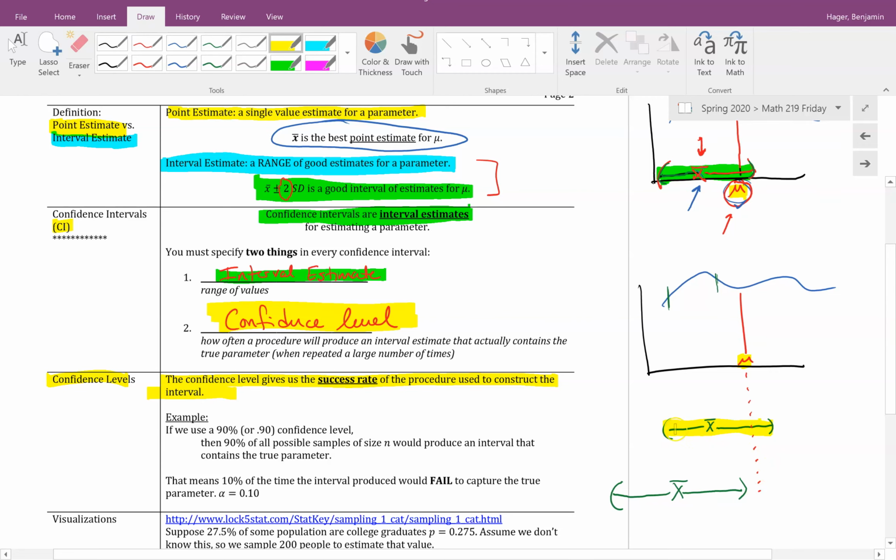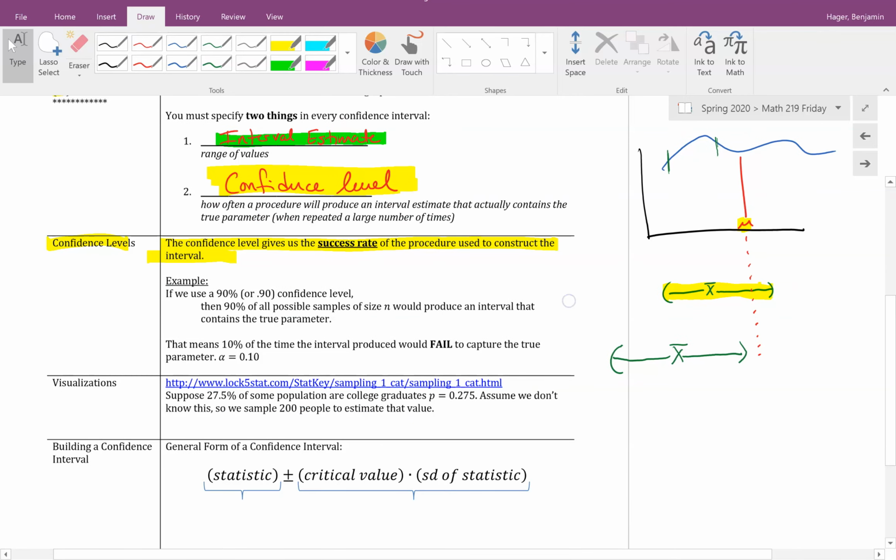Again, 90% of the time that you make an interval, you will be capturing the true value. 10% of the time, you will not be capturing the value because maybe your sample mean was just too far left or right, so that even when you construct the window, you're still missing the population mean. Okay, so be sure to think of it as a success rate. It's not telling you the likelihood of you capturing it on the next go.